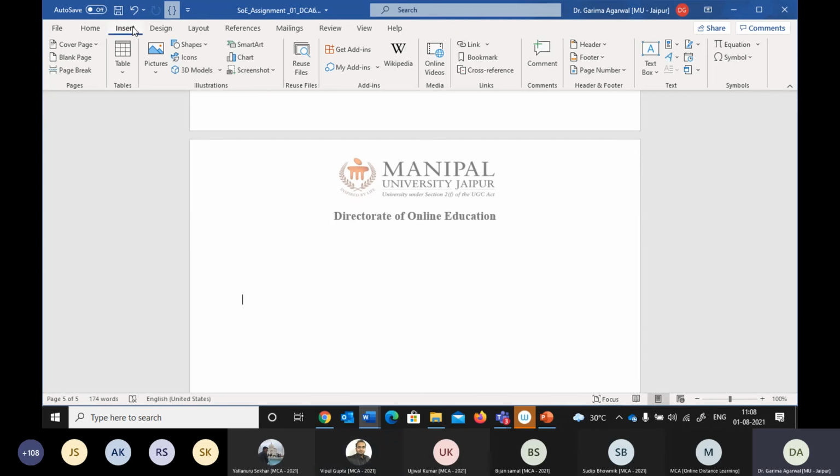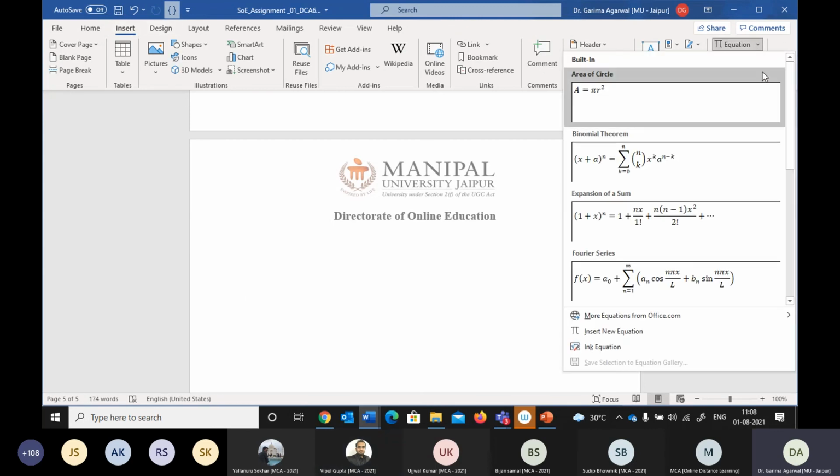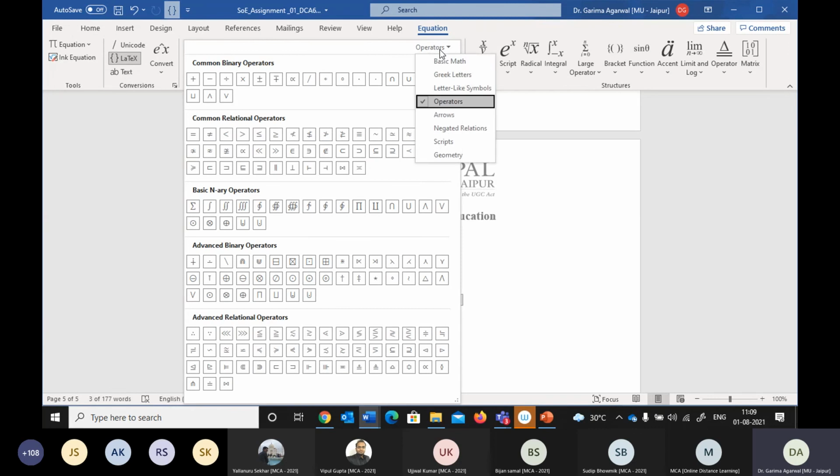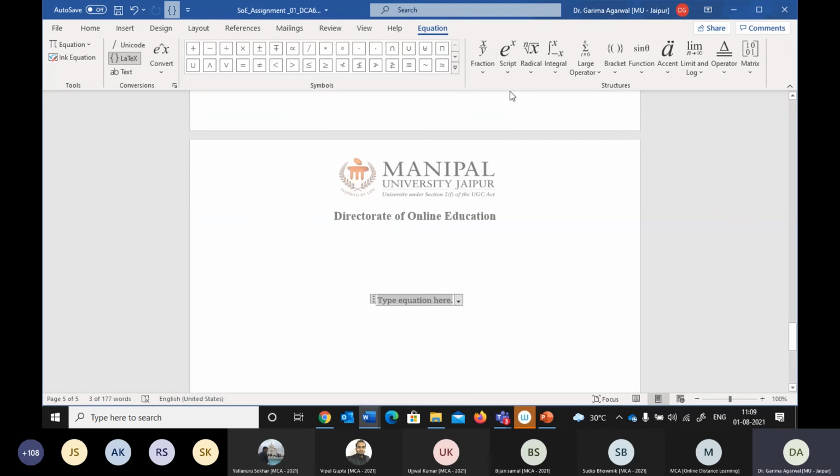Don't make it much complicated. If you want to write any mathematical symbol, alpha, beta, gamma, theta, delta, explore all these steps, and you'll get each and every symbol over there.